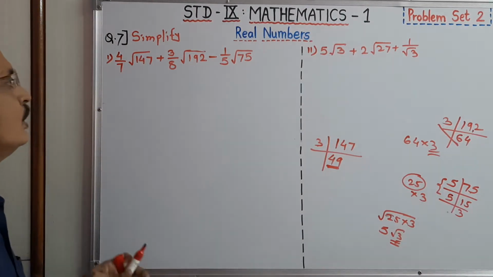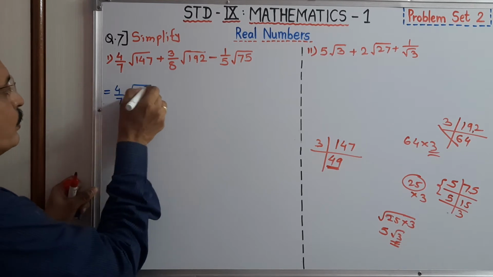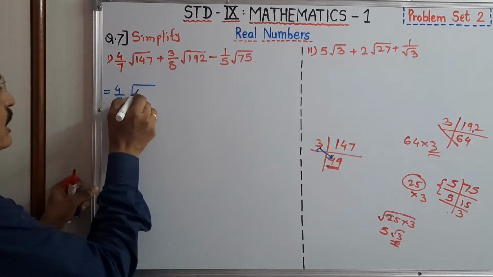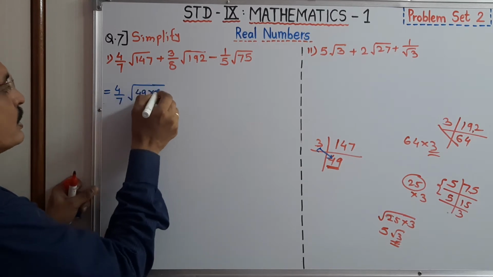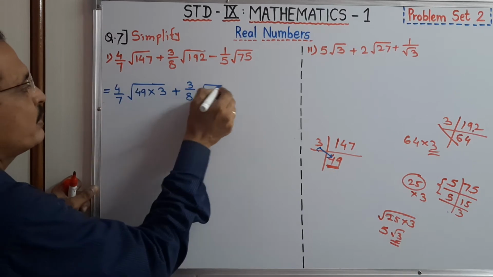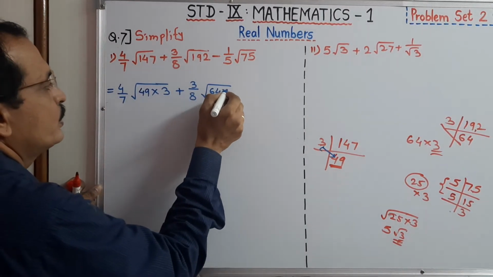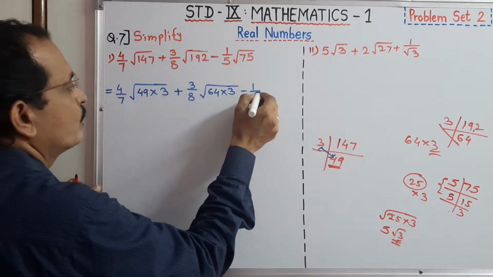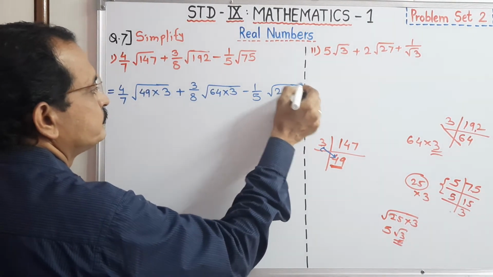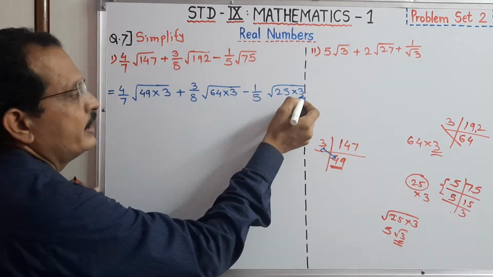Now see here. We can write 4 upon 7 into, what are the factors of 147? It is 49 into 3, plus 3 upon 8. Tell me the factors of 192. It is 64 into 3. And here 1 upon 5 into 25 into 3. Got it? Here 3, here 3 and here 3.